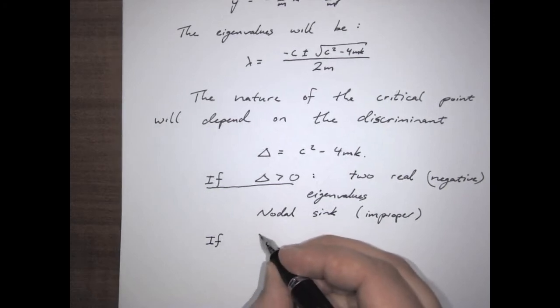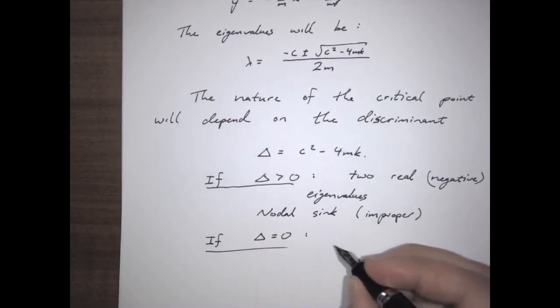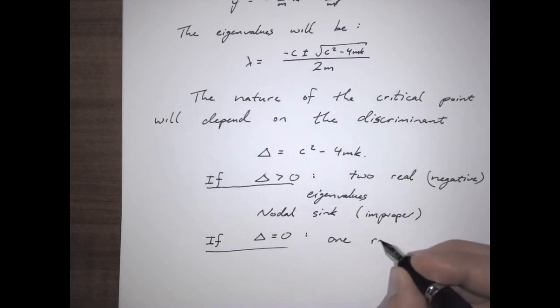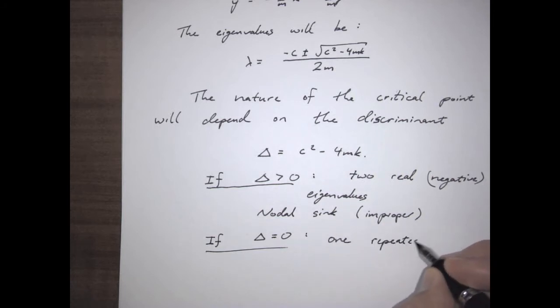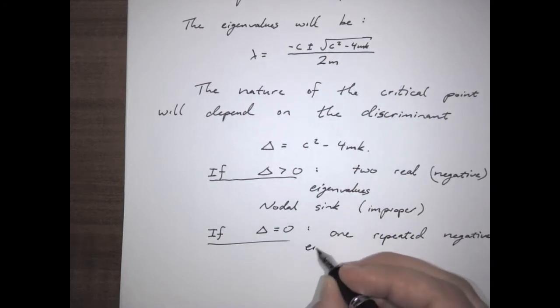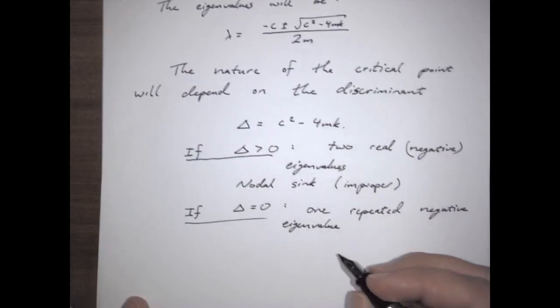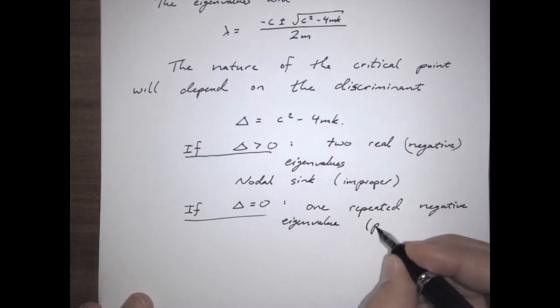If, on the other hand, the discriminant equals 0, it's going to be one repeated negative eigenvalue, and from the picture we'll see that this one is going to be proper.